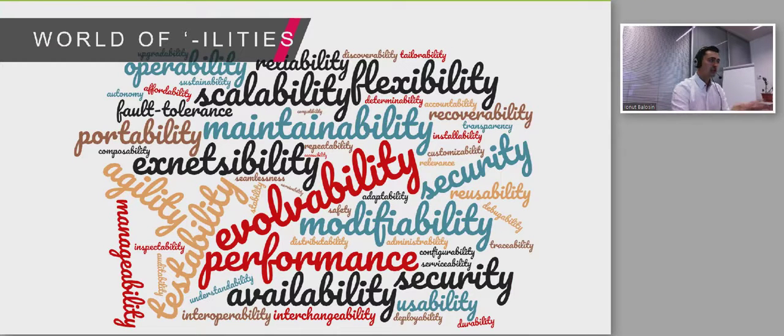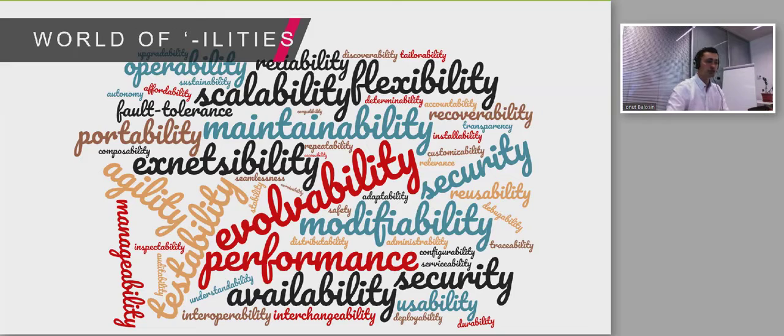Currently, we are living in a world of ilities. We have ilities like scalability, flexibility, maintainability, extensibility, performance, security, all of these. So we have this zoo of ilities, and we software architects should build our product based on them.